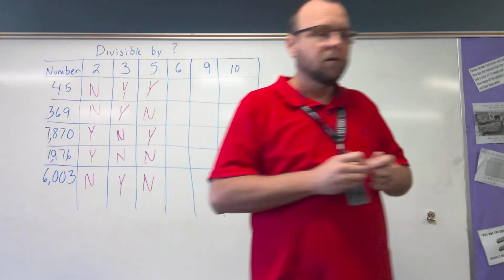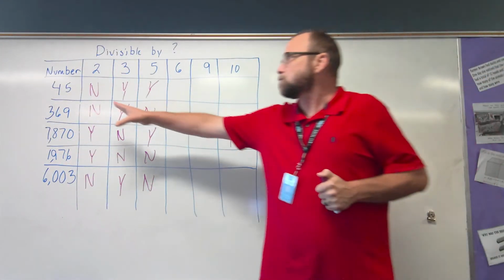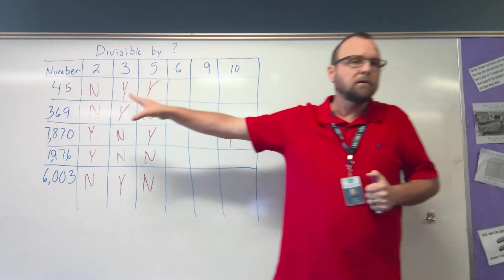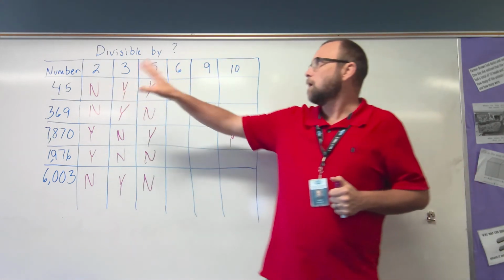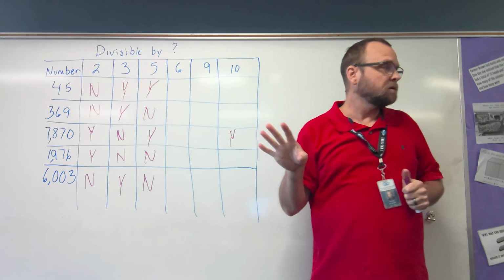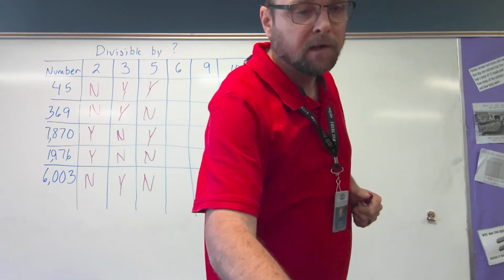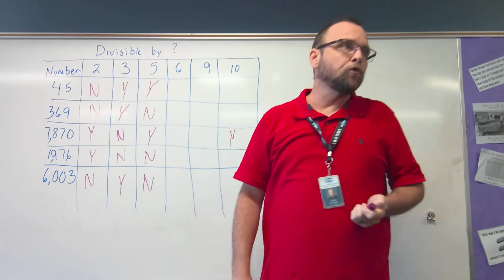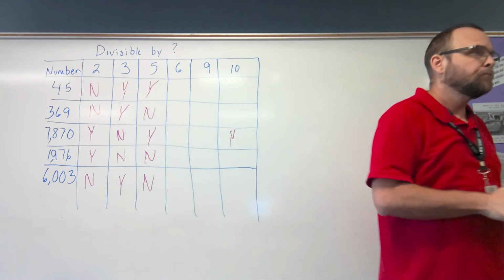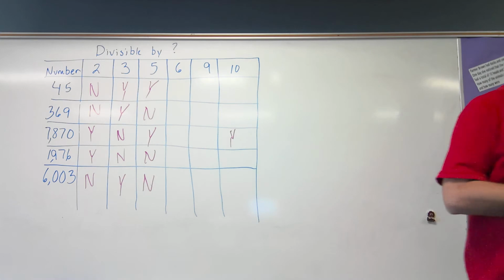All right. Now, the reason I'm not just working across is because now 6 is really, really easy. Because, Sagal, what does the rule for 6 say? You have it in your journal.